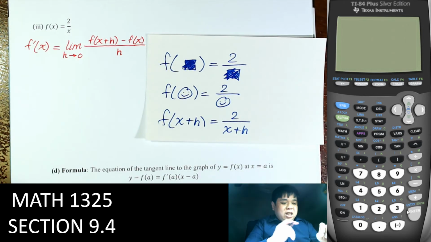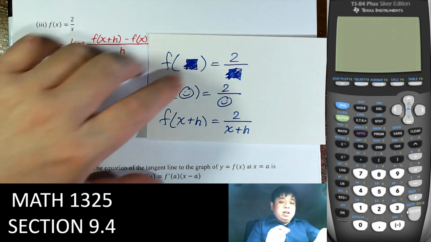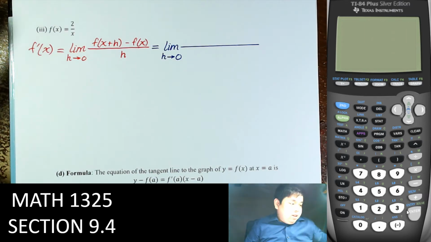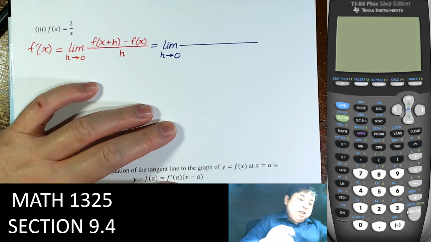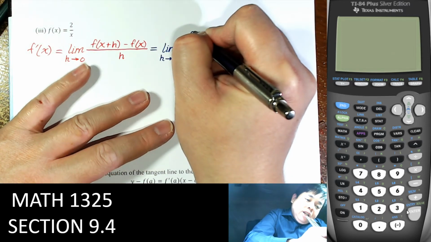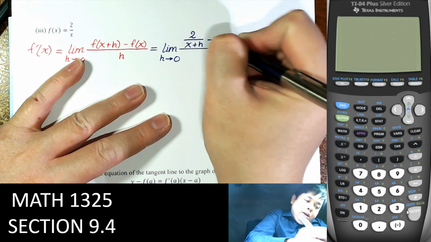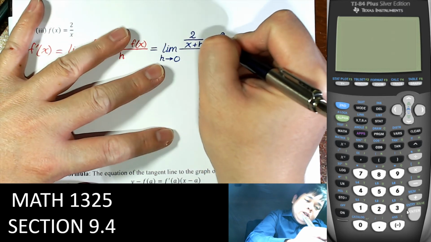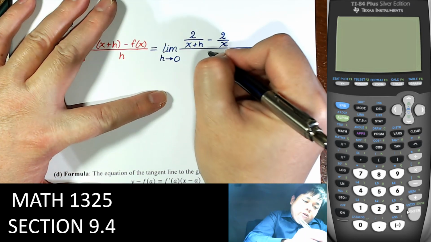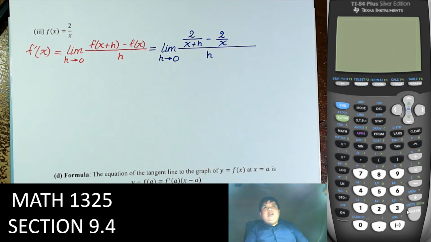So we just replace exactly what we have in the parentheses and replace the same thing into every x of the problem. So we just have 2 over x plus h minus the original function over h. Right, how do we simplify this?